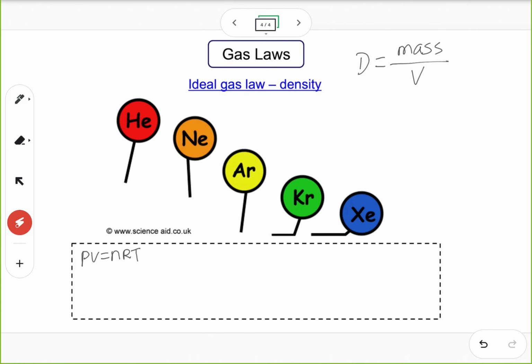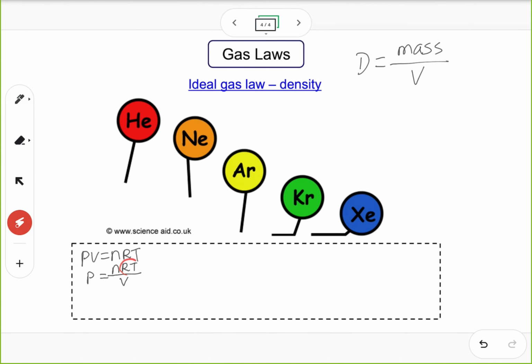you need to reorganize this equation a little bit. Now based on the definition of the density, we know the volume is at the bottom of the division. Therefore, how about we divide the two sides by V? So that means P equals nRT over V. Now, we want to have mass on top, so we should keep the mole number on top.